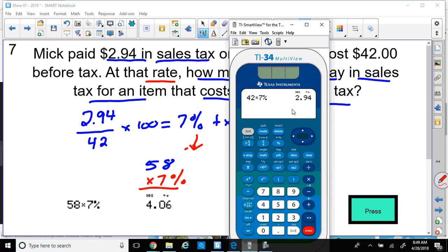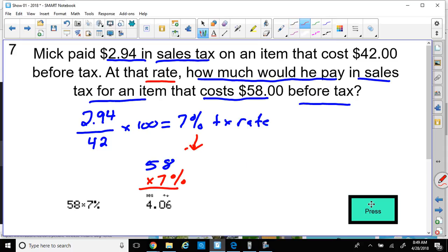And that's $2.94. So I know that the 7% is correct. So that's just to check yourself. And as I said, there's more than one way to do this, but I find this more direct. So we were interested in the $4.06, which he paid for sales tax, as they asked how much he paid in sales tax for the item that cost $58. So that would be $4.06. Nice question.